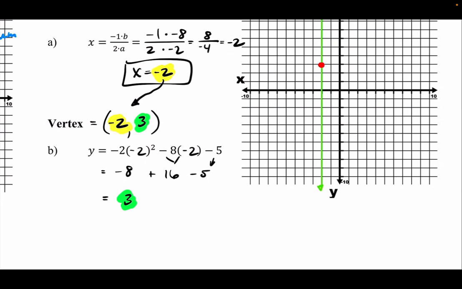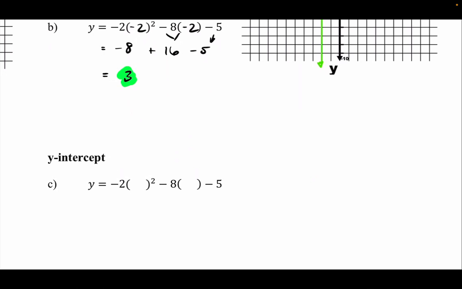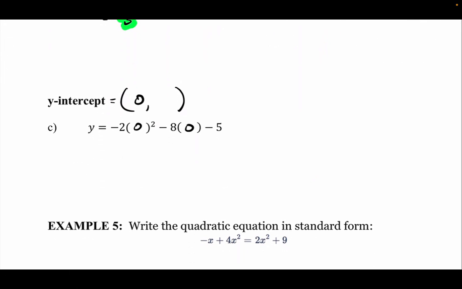Okay. Y-intercept. Always starts with a 0. You're going to do the same thing you did for the vertex. Plug in 0. Now there's a little trick that some of you might have noticed for the y-intercept. What's the little trick for the y-intercept?